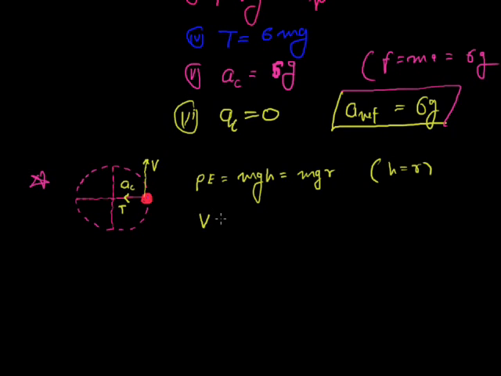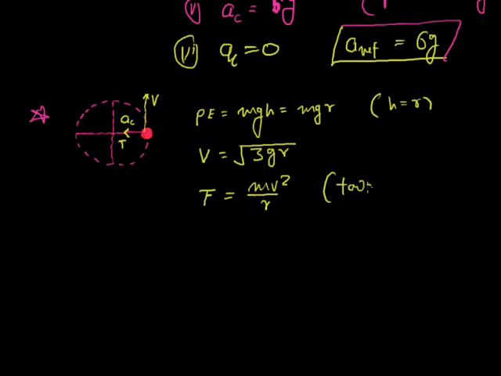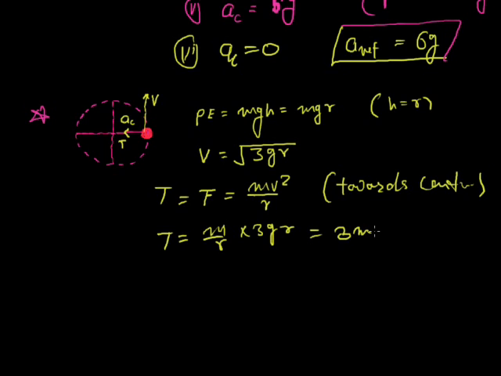Velocity at this point we have calculated. It is root 3gr. Centripetal force is mv square by r towards center. It is equal to tension also. T is equal to m upon r into 3gr, that is 3 mg.